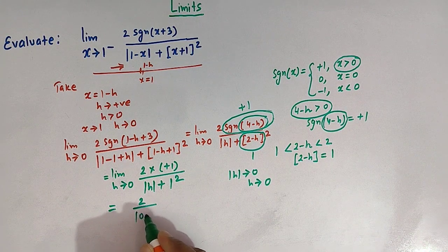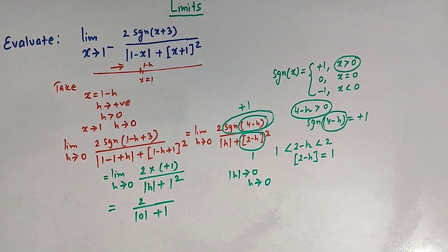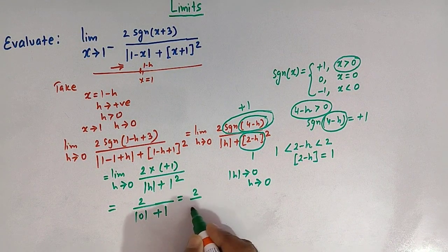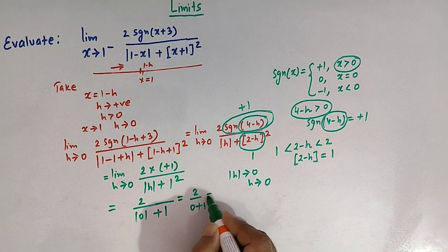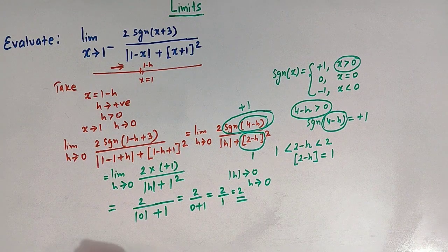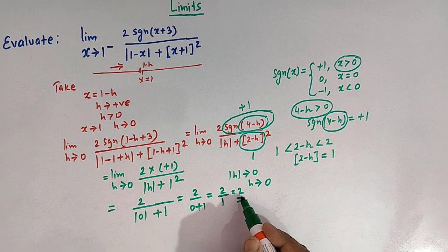So we have mod of 0, and 1 squared is equal to 1. So now we have 2 over 0 plus 1. So this is 2 over 1, which is equal to 2. So this limit is equal to 2.